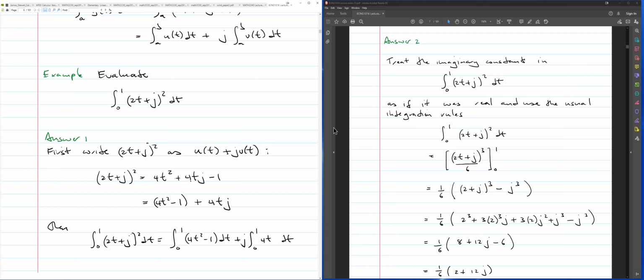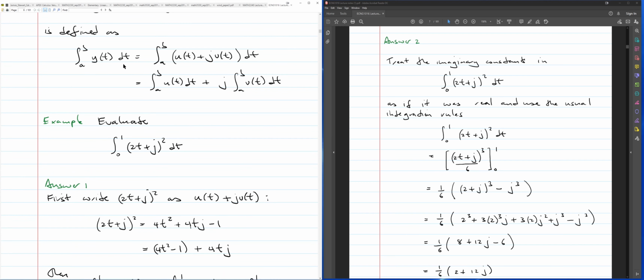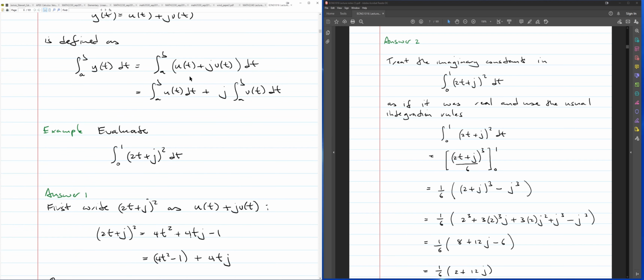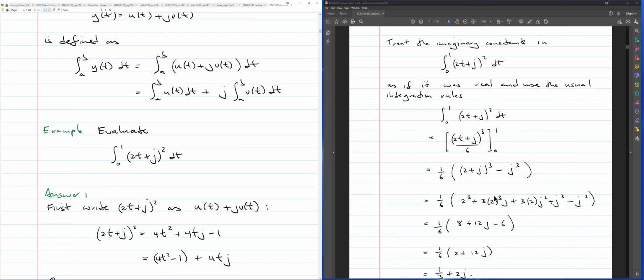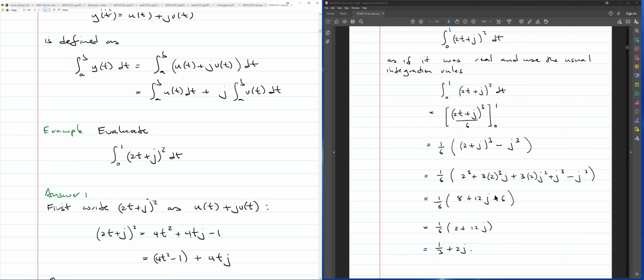So the point I want to make is, while this is your formal definition of integrating a complex valued function, really for our purposes in this class, when we do an integration and we have a complex number in the integral, you really can just regard the complex number as being real and just use your normal rules that you know from before.